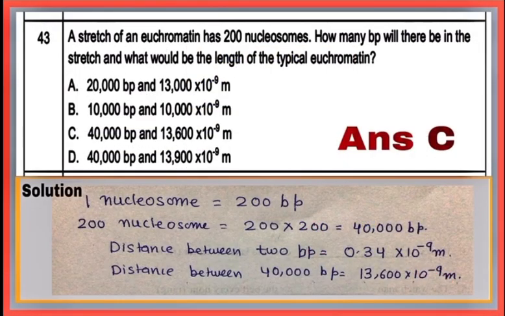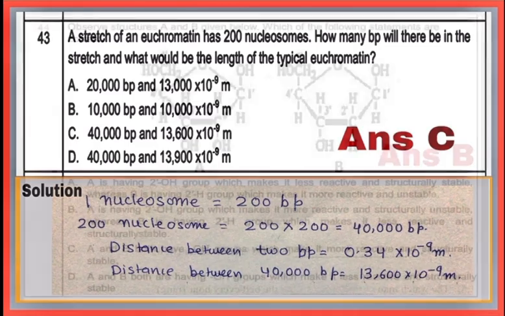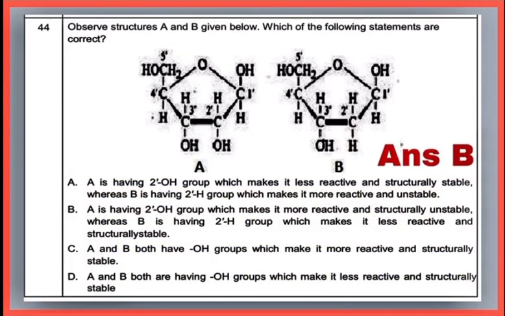Question 43. A stretch of euchromatin has 200 nucleosomes. How many base pair will there be in the stretch, and what would be the length of the typical euchromatin? Option C. 40,000 base pair and length equal to 13,600 multiplied by 10 to the power minus 9 meter. Check the solution to calculate the answer. Question number 44.